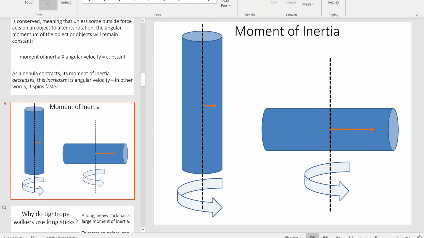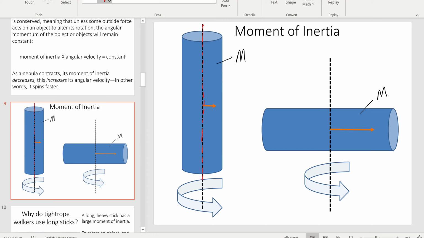We can understand this by looking at these two objects here. Let's say these objects have exactly the same mass. These are cylinders. They're identical in every way. In fact, we could even think of this as one cylinder. We take the cylinder and we place it vertically, and then we have it rotate about its vertical axis. So imagine taking your pen and holding it vertically and then twisting the pen around and around while keeping it vertical.